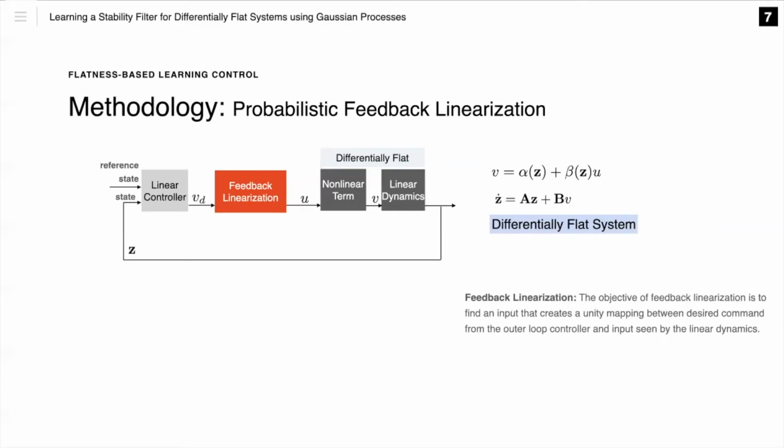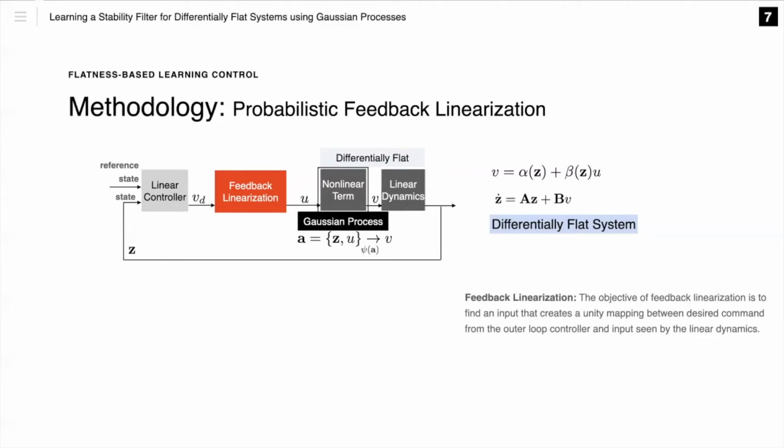As previously mentioned, the objective of feedback linearization is to find an input U that creates a unity mapping between the desired command from the outer loop linear controller and the input seen by the linear dynamics. We propose using a Gaussian process to learn this nonlinear term.